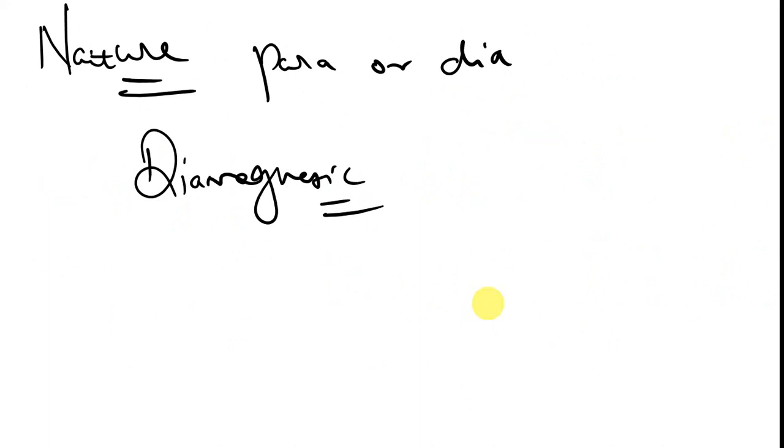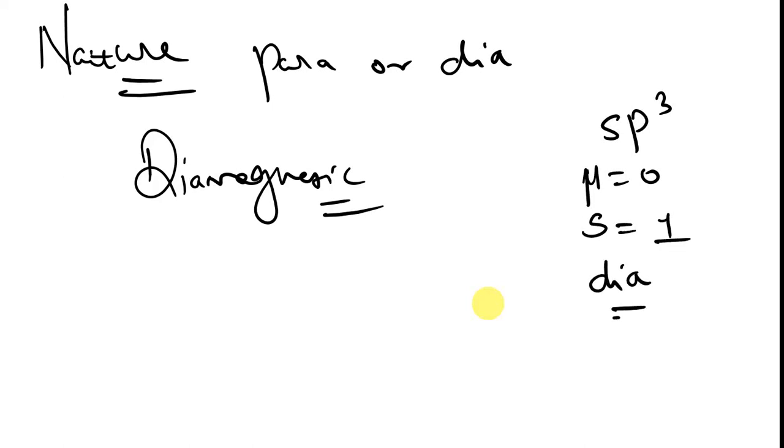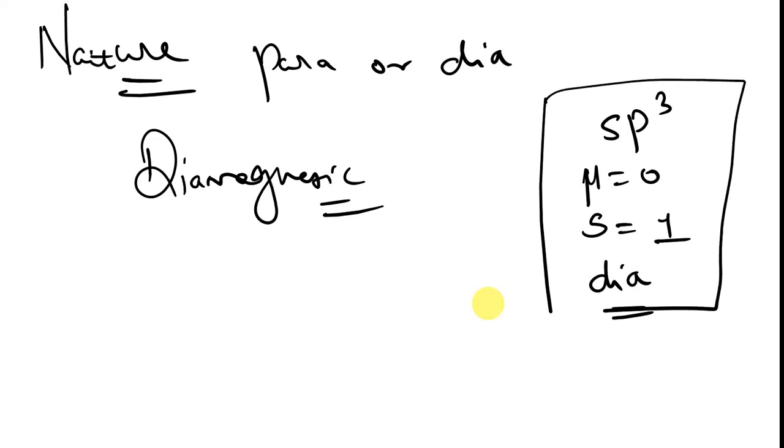Right? Okay. So finally we can say the hybridization is sp3, the magnetic moment mu is equal to 0, the spin multiplicity is 1, and it is diamagnetic, right? So these are the conclusions we are getting from VBT.